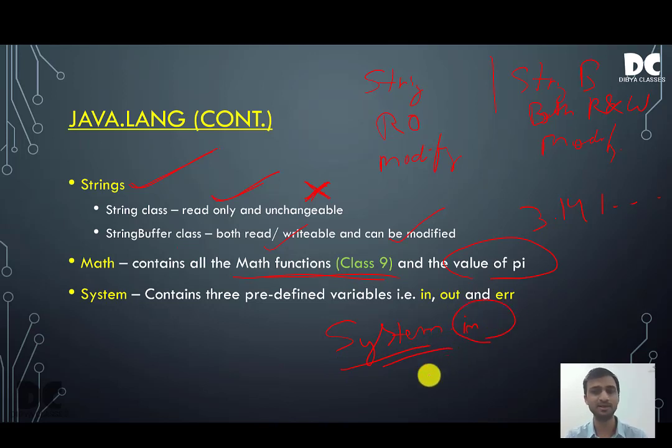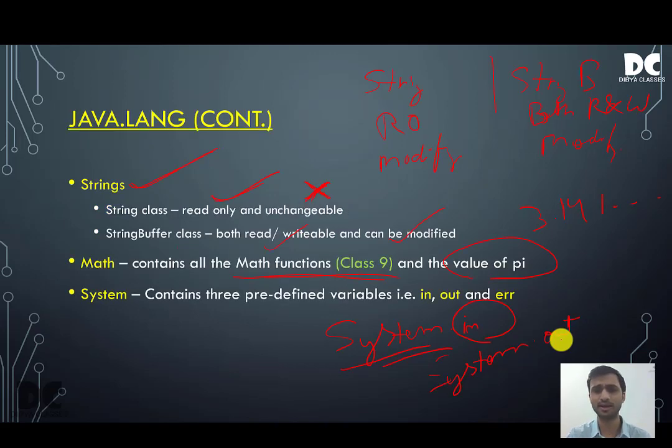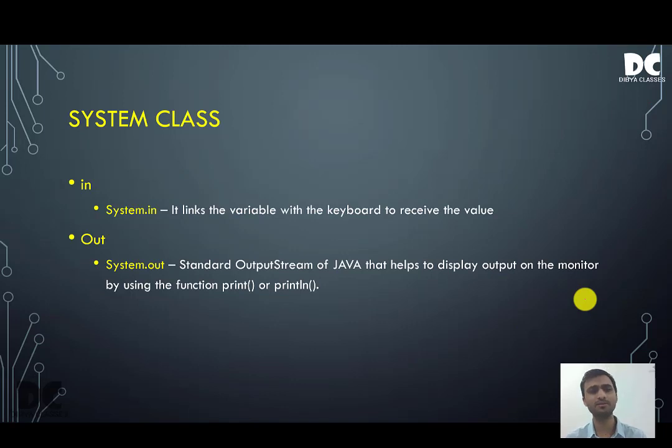Similarly, System.out we studied in chapter 4 of class 9, to print: System.out.print, System.out.println, everything is present in the class System, which is part of the package java.lang. There is also err, which basically works with errors and is not in our syllabus. So we'll study in and out.